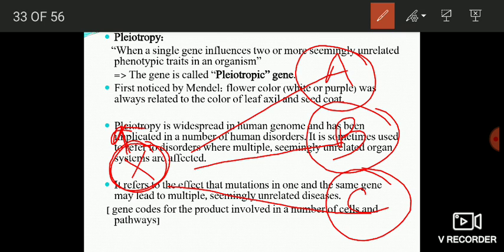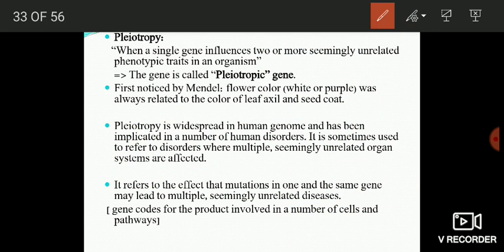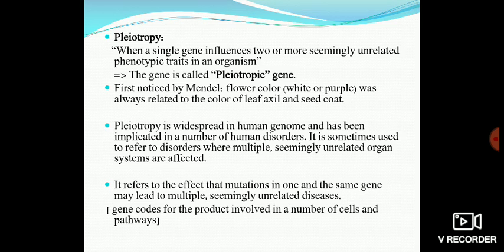So the protein product of this gene X, which is mutated, because of its involvement in a number of cells and pathways, affects the unrelated organ systems. Okay, this is pleiotropy. That means the same gene X is affecting a number of unrelated organ systems.